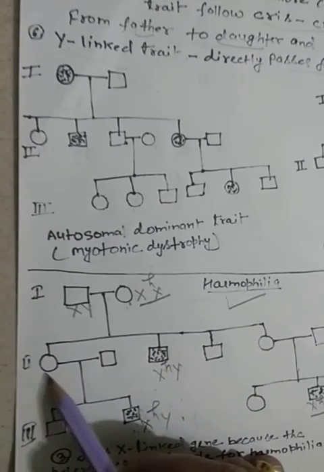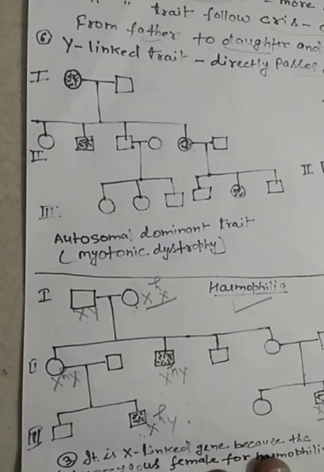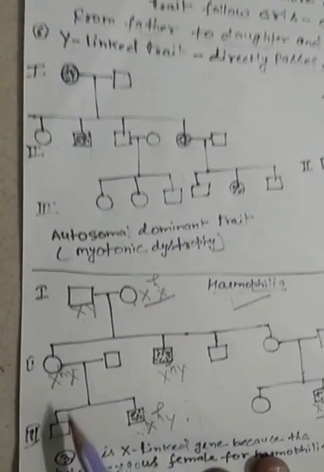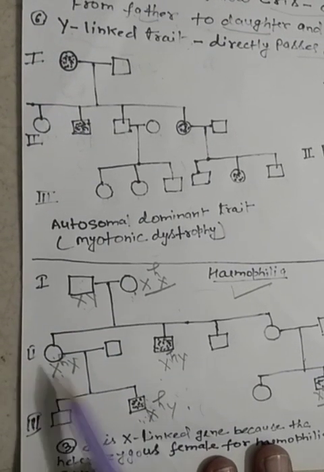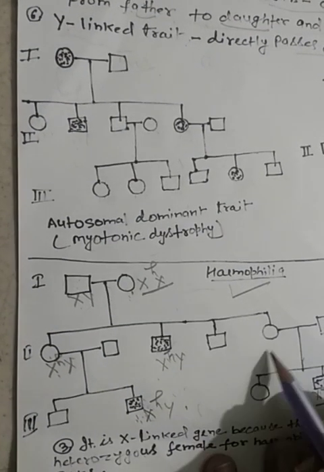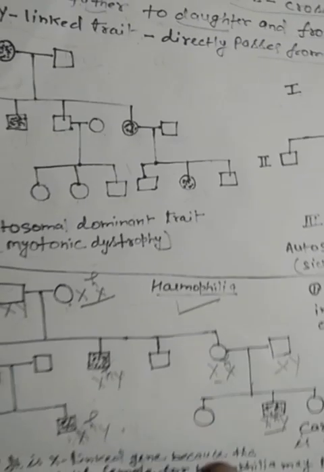So in this condition also, this daughter must be a carrier, because there is the gene. We know that the mother can transfer her sex-linked gene to the son. In this condition also, the genotype of this mother must be carrier, and the father must be normal. So this is the condition.